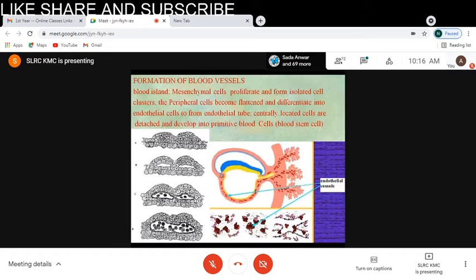Then some of the cells become flattened. The next step is that a cavity appears in them.